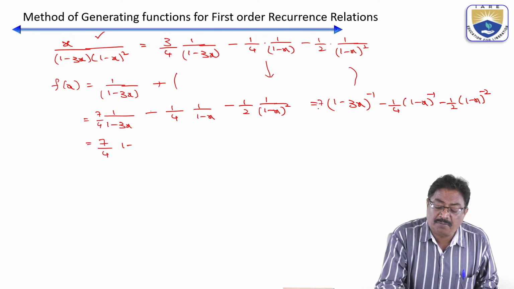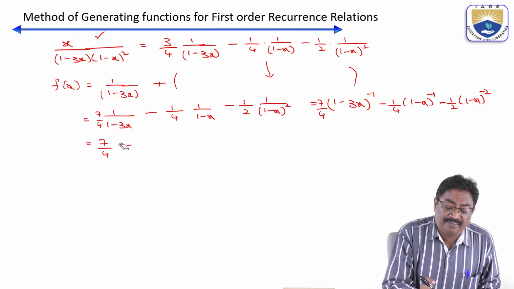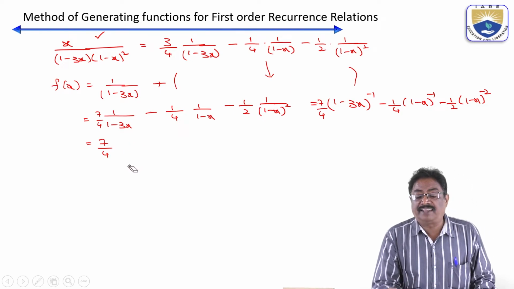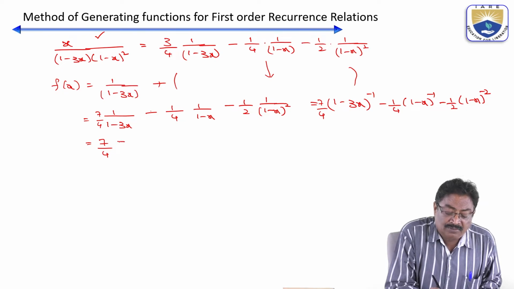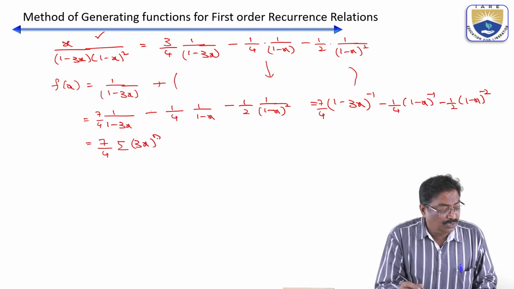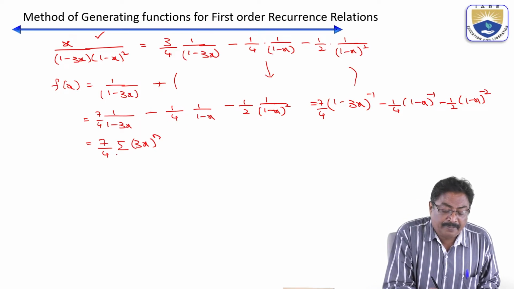This is also 7 by 4, and this is 1 plus 3x plus 3x square, and so on. So I write it as summation of 3x whole to the power of n, n equals 0 to infinity.